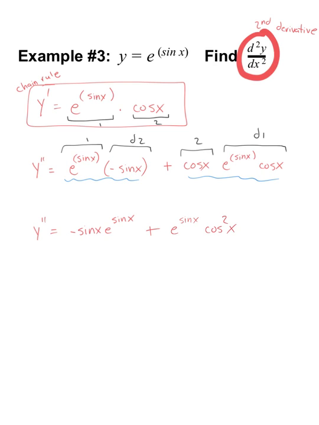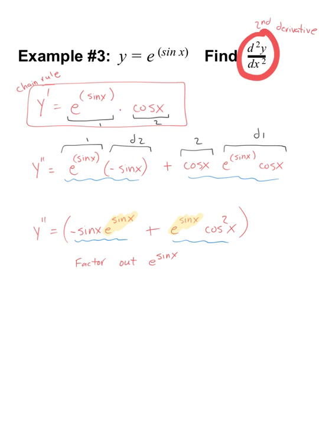All right, now, is there anything that I can factor out of each term? Remember, think of this as one big binomial. This term and this term. Is there anything I can factor out of each term? Well, look at this. Each side has an e to the sine of x. So I can factor out an e to the sine of x.